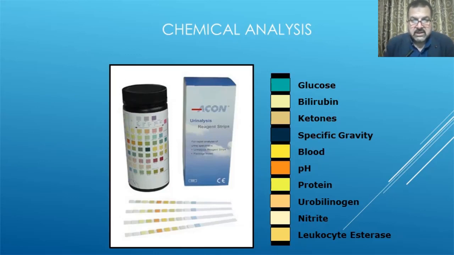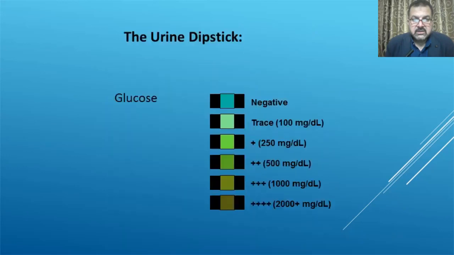After doing the chemical examination, you will do the microscopic examination. Let's give some examples of the urine dipstick, or chemical examination. For glucose, as you can see, the color varies: 1+, 2+, 3+, as you remember is usually written in the reports.